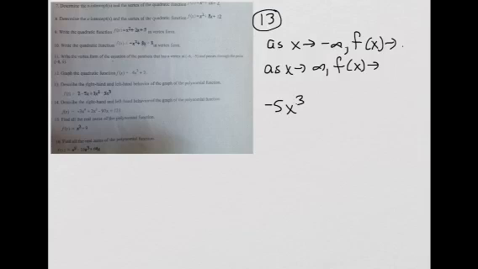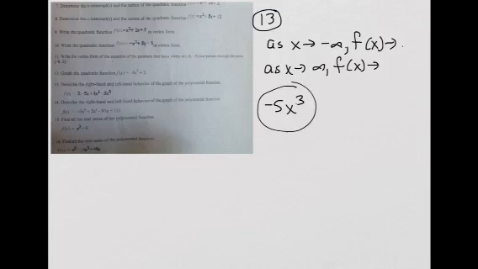So left hand, right hand behavior is basically end behavior. So I've already set up the problem. As x goes to negative infinity, f of x goes to, and then the other line. So remember, you always look at the leading term. I know in number 13 it's written backwards. That's okay. So this is the leading term right here.